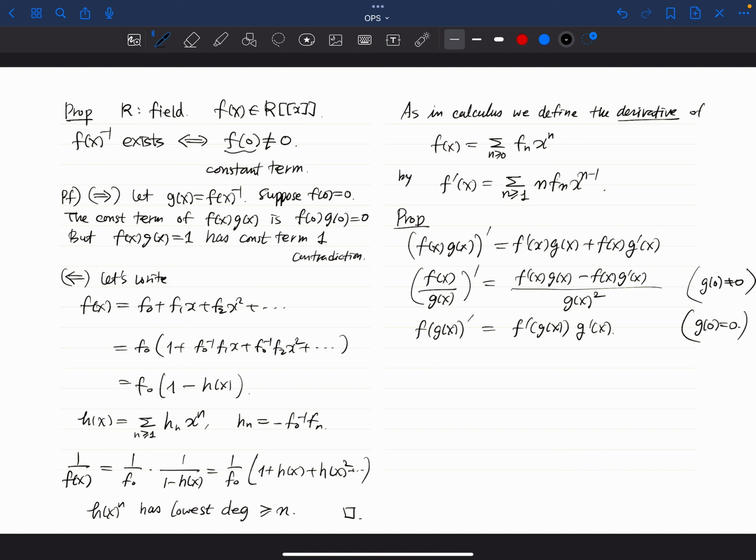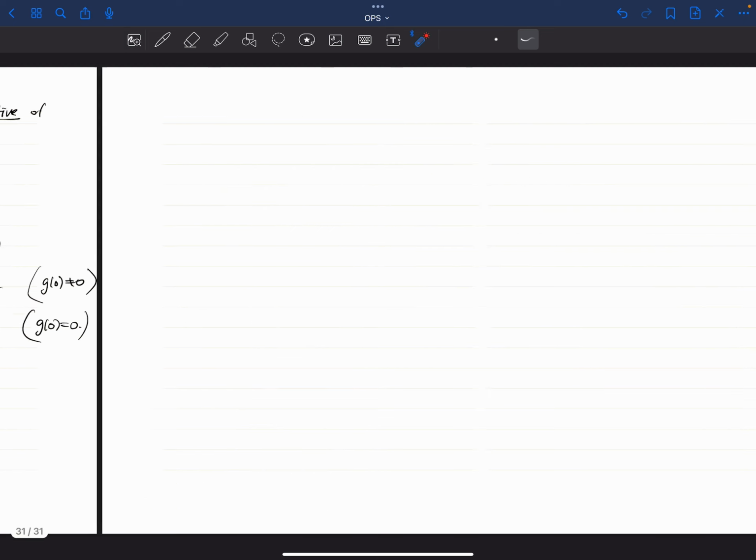We can also consider multivariate formal power series in the usual way. They are just multivariate polynomials with infinite degree. You can think of them that way. We will see more examples later.